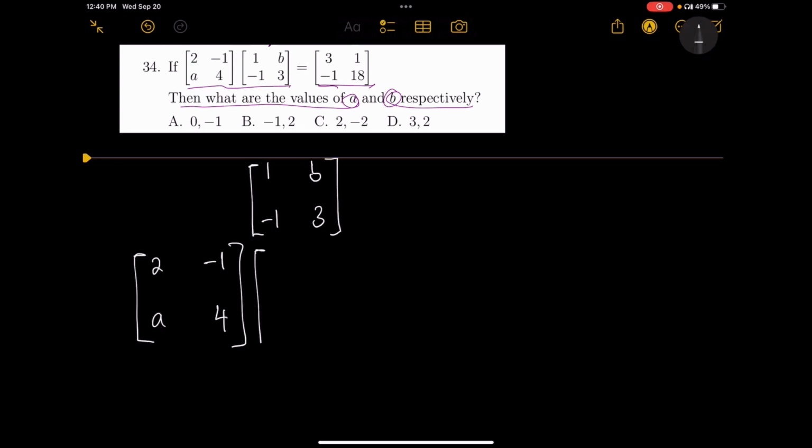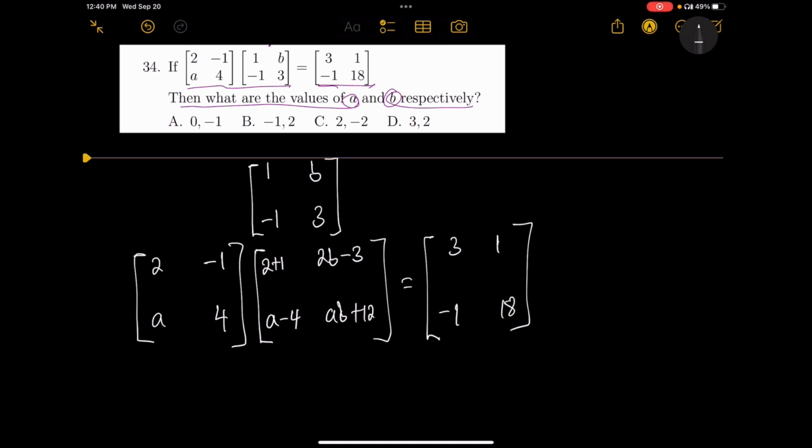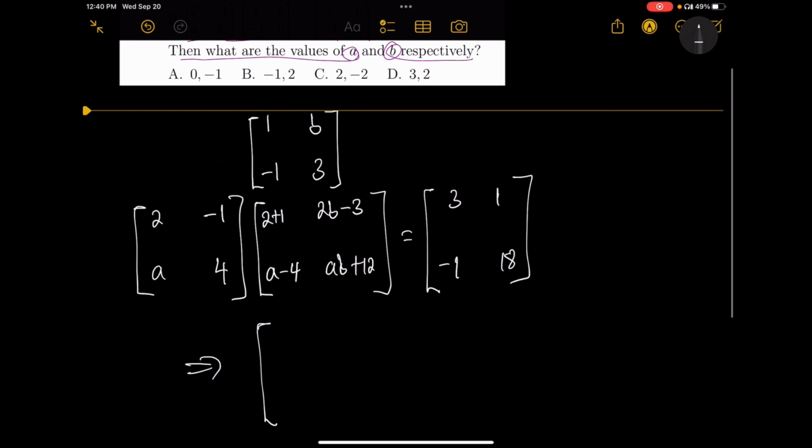Multiplying them, the first entry is 2 plus 1, that is 3. Then we have 2B minus 3, A minus 4, and AB plus 12.